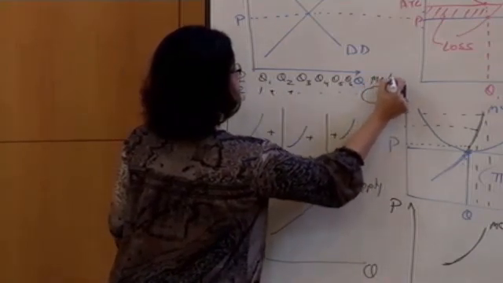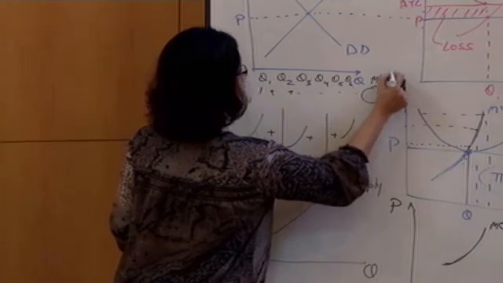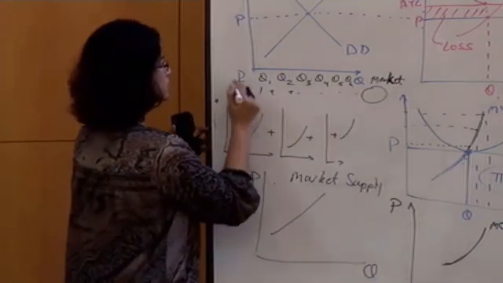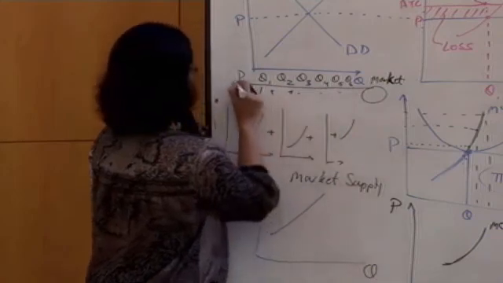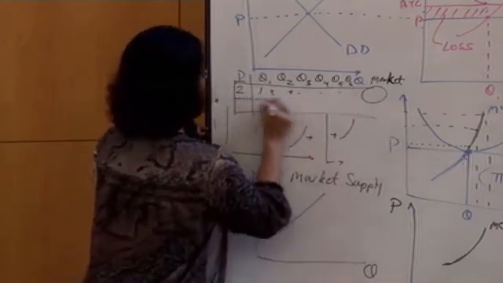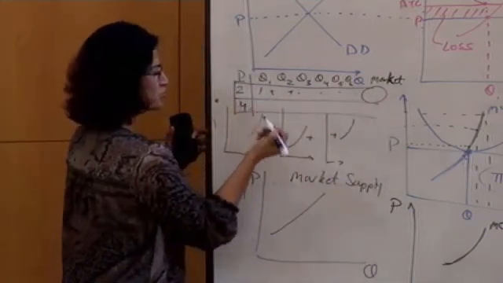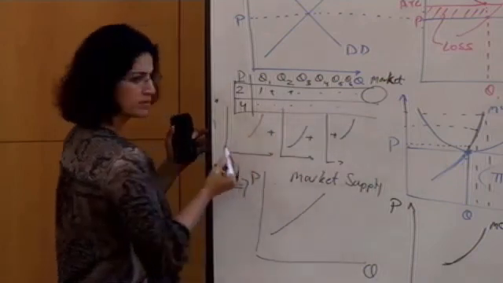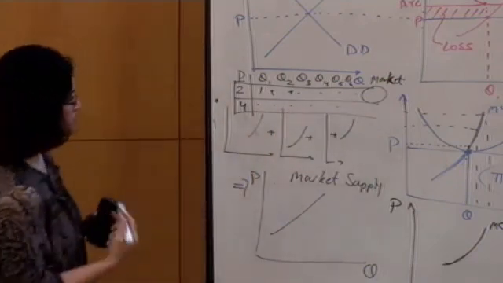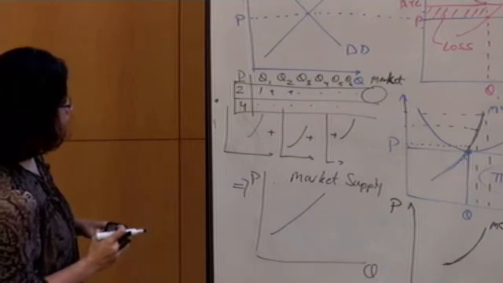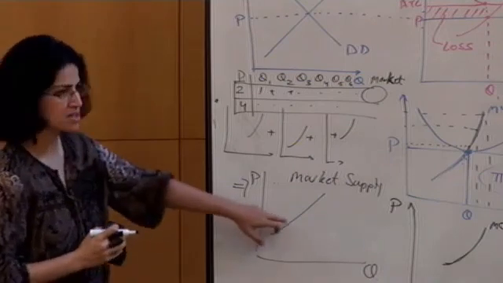This is the price. Then you ask, at a price equal to 4, how much do you sell? And then you add them up, right? So that's your horizontal summation of the individual supply functions, which gives you market supply.